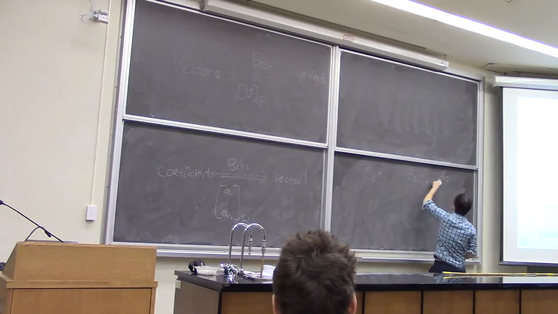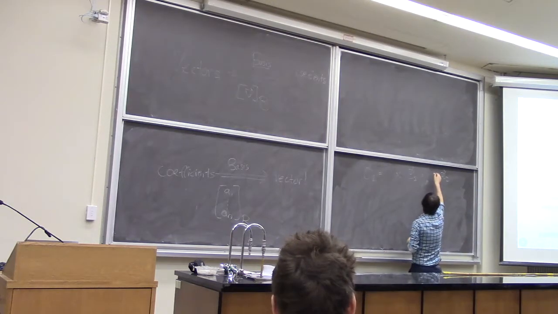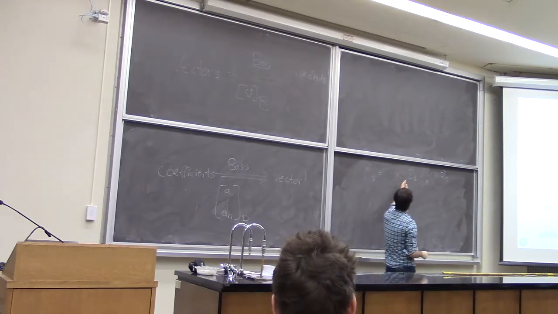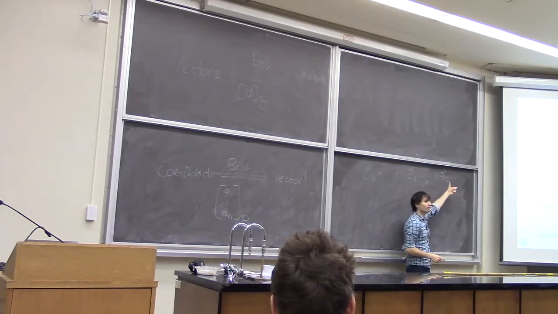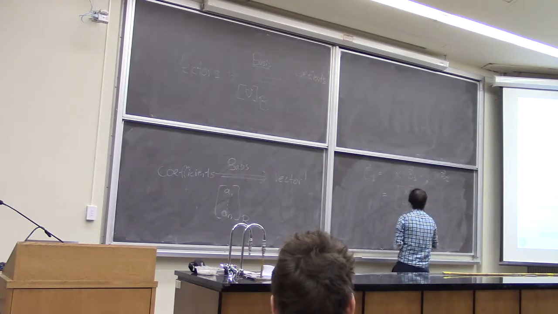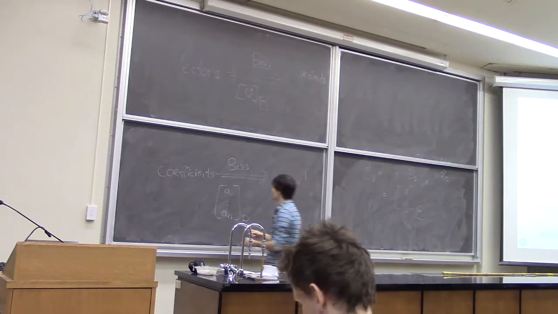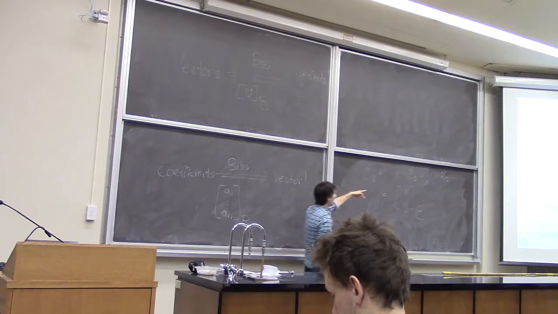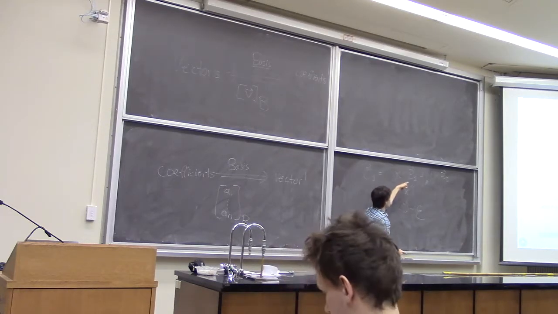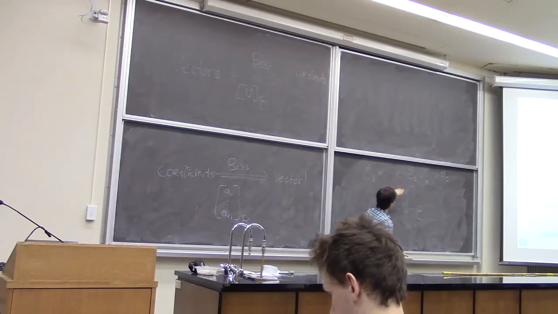Maybe you call the first something X and the second something Y. If C1 equals X times E1 plus Y times E2, then that's the same as [X, Y] in the E basis. [X, Y] in the E basis means convert X and Y into a vector by using the linear combination of vectors E1 and E2. So this and this are exactly the same.